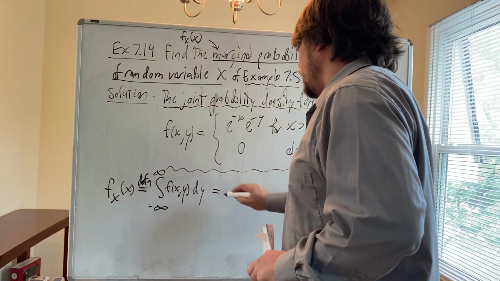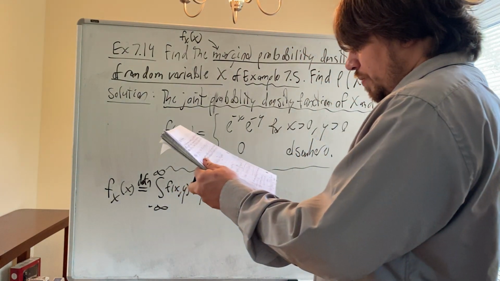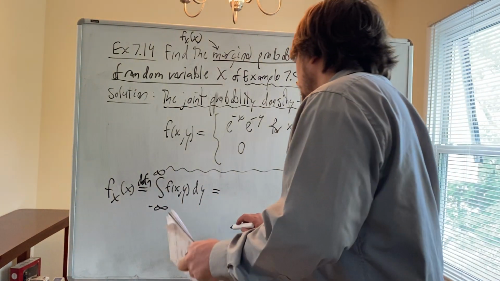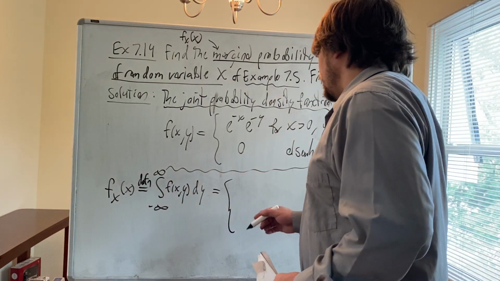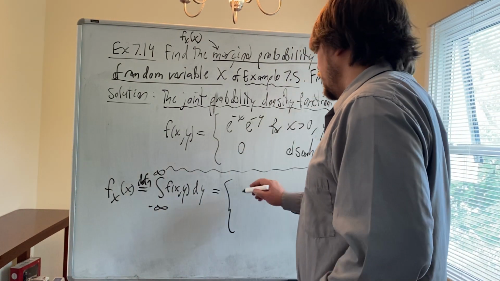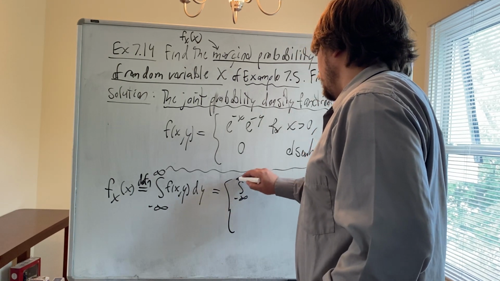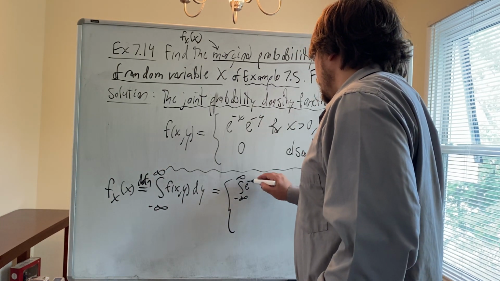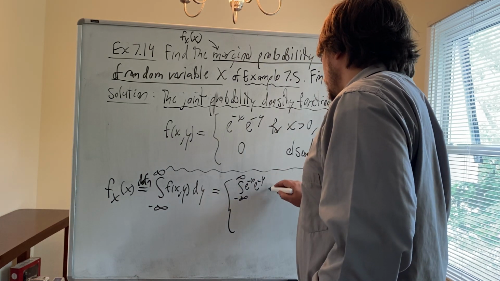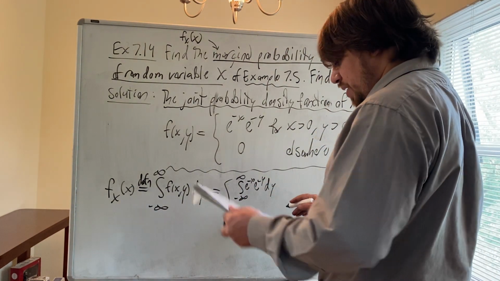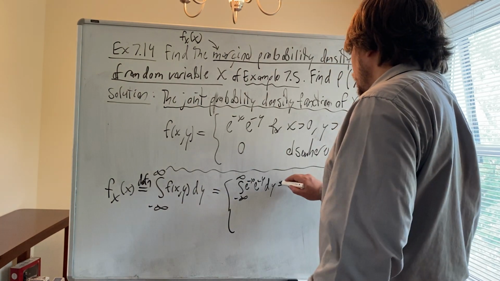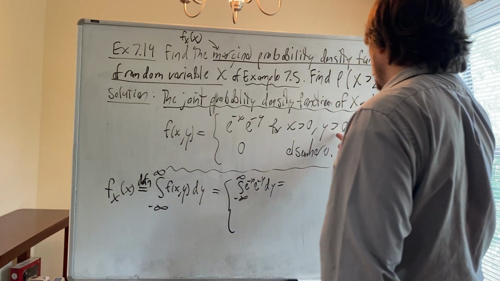And so you calculate that integral, and we get a piecewise function here. You integrate from negative infinity to infinity of that e negative x e negative y dy. And when you integrate that, you restrict the domain for only y positive.